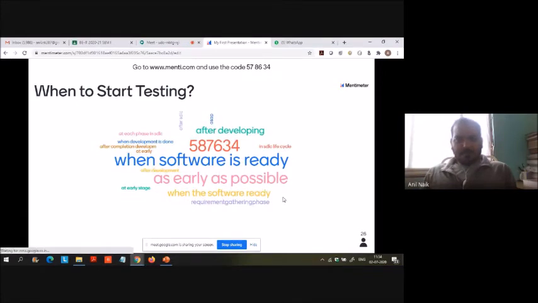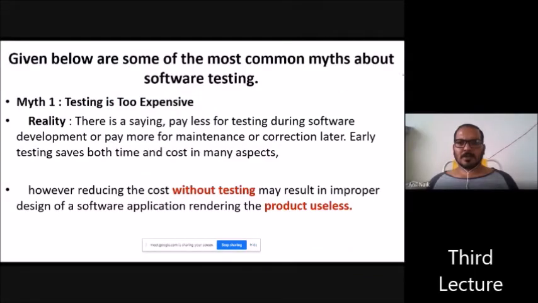Okay. So today we'll discuss some common myths or misconceptions about software testing. The first myth is that testing is too expensive, that it is too costly.